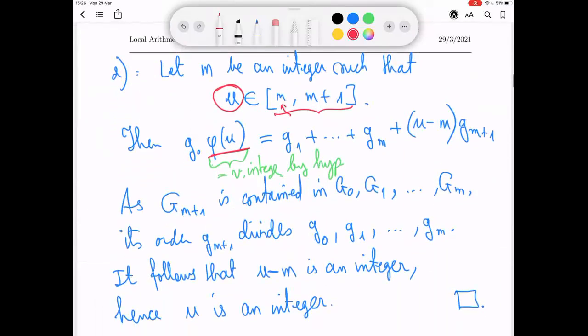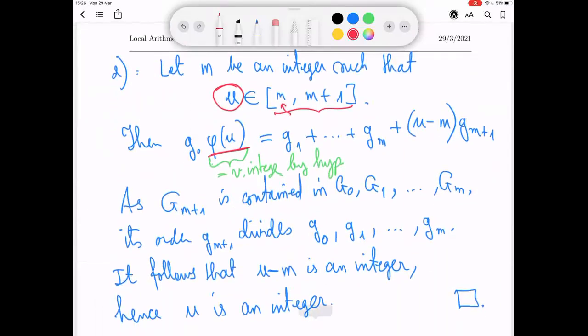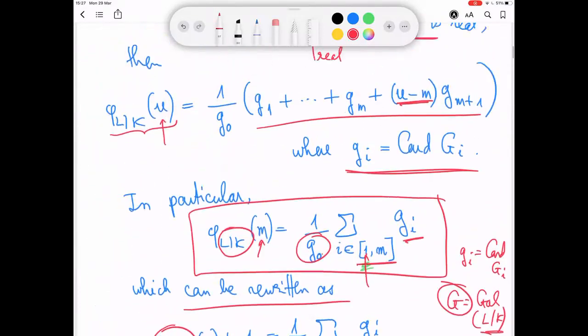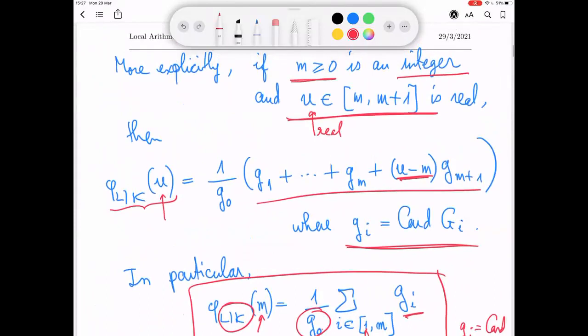So now come back here. We have phi of u is 1 over g naught times this sum, right? That's what we had shown earlier. Let me just go back and show you where it was. Here it is.